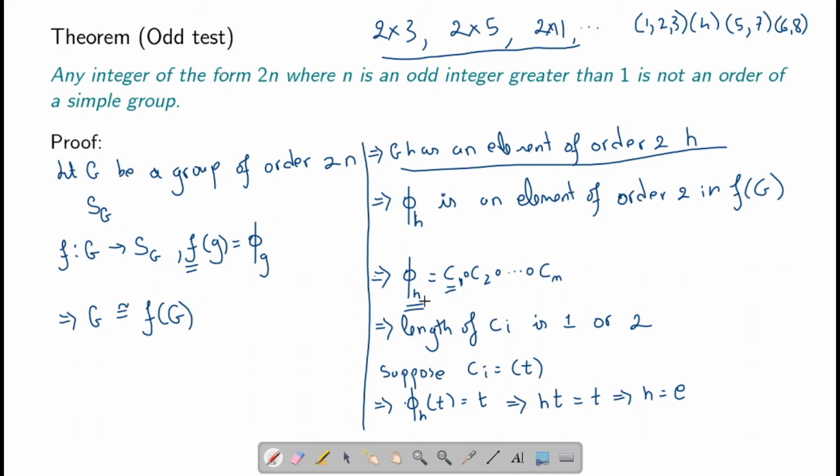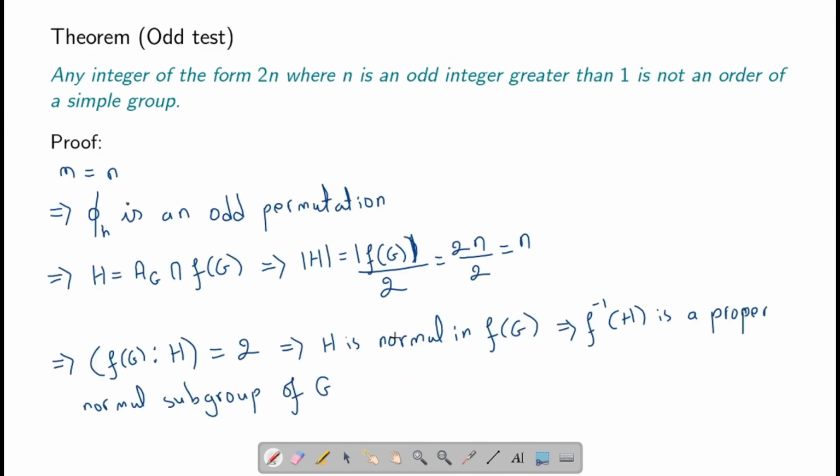So we have shown that there's an element in F(G), φ_h, which is odd. Since there's an element in F(G) which is odd, exactly half the number of elements in F(G) are even and half are odd. Now the intersection of two subgroups is always a subgroup. So this is a subgroup of S_g and hence a subgroup of F(G).